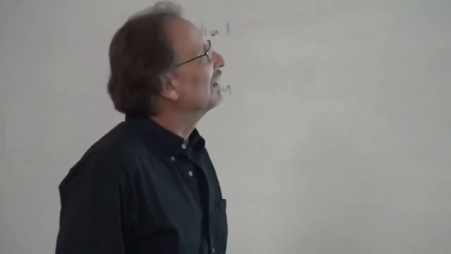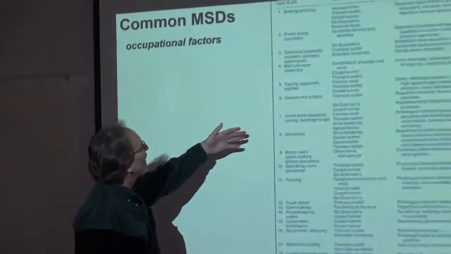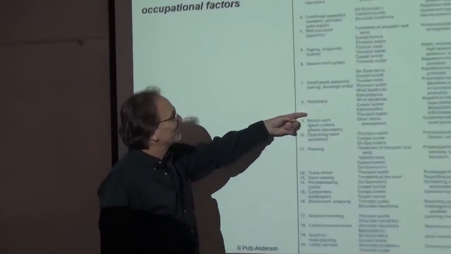This, again, is not to be memorized, but I hope that you will use this as a kind of glossary, because it's interesting. It has some common activities over here. One of them, take a look at this, musicians.